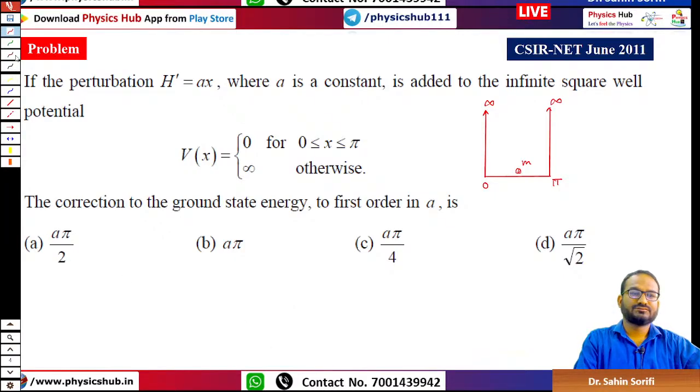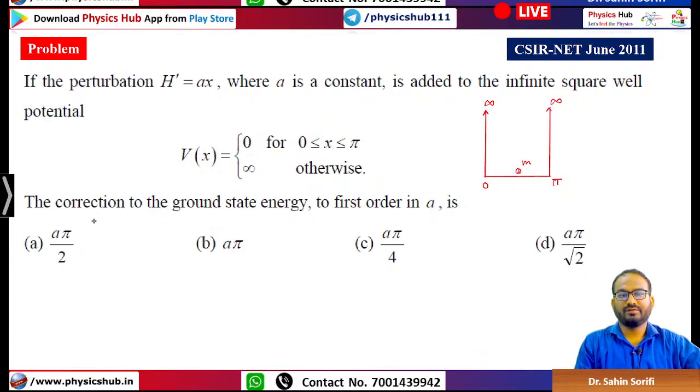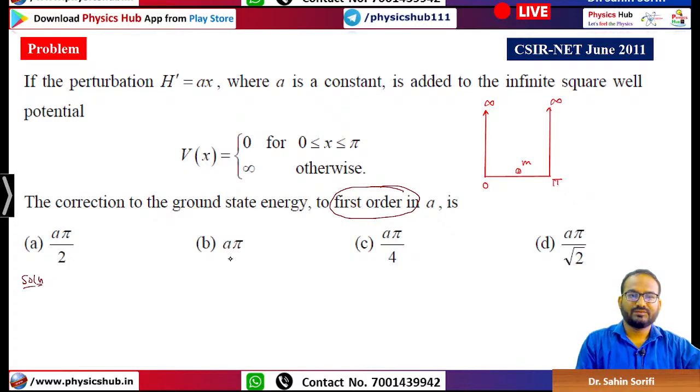Look, you have to find out the correction to the ground state energy, first order in A. So what are you going to do? You know what kind of energy you get in the ground state.